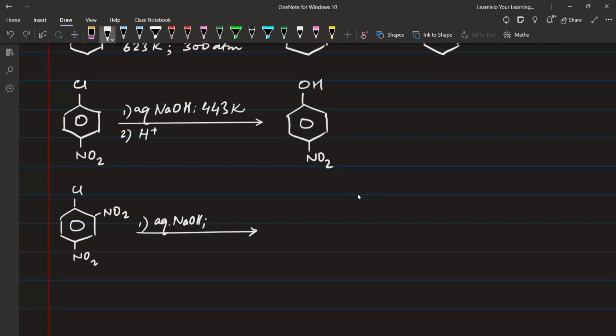Aqueous NaOH, the temperature is again smaller, 368 Kelvin. Second step is H positive. The NO2 will be as it is, and instead of chlorine, you will have OH.